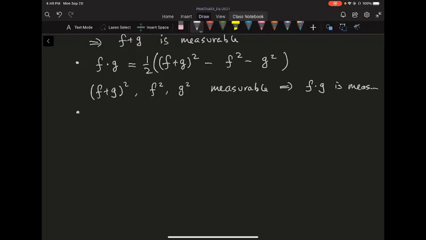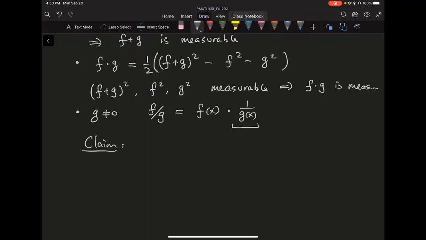And lastly, I want to show that when g is non-zero, then f over g is measurable. f over g is really the multiplication of f times 1 over g of x, so it suffices to show that 1 over g of x is measurable. Let's show that.